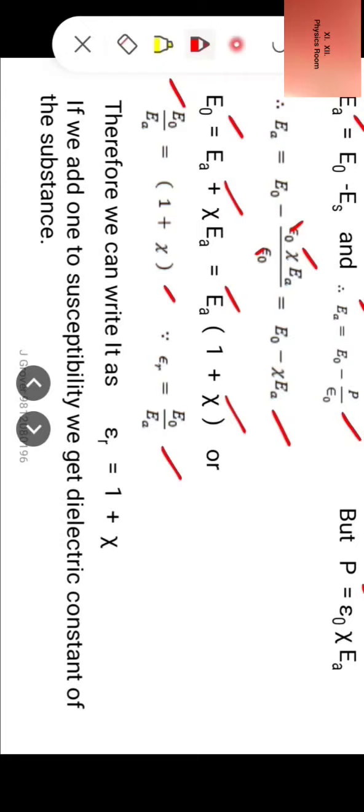Therefore we replace E naught by EA on the left hand side by epsilon R. Therefore we can write epsilon R is equal to 1 plus chi. So this expression shows that if we add 1 to susceptibility, we get the dielectric constant of the substance.